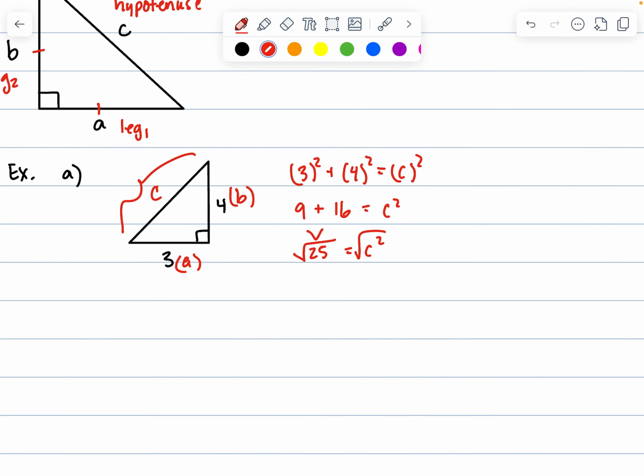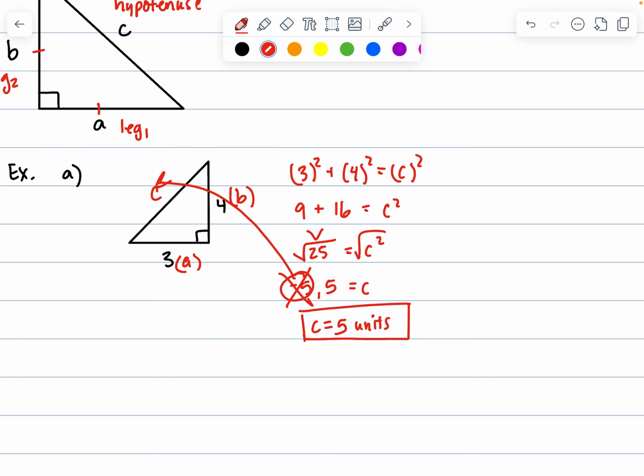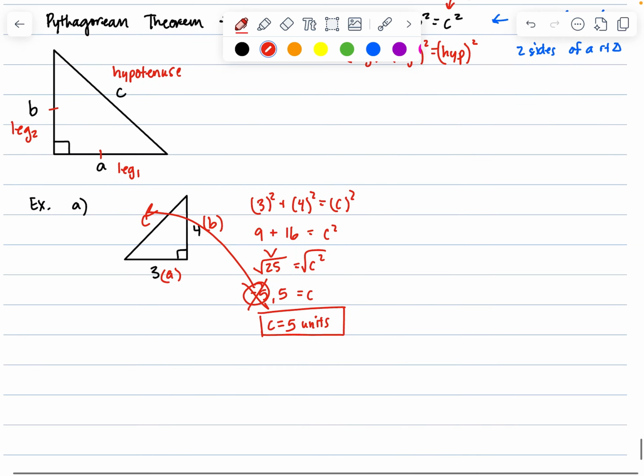But since we are working with something that has length, we would have a -5 and a +5 is equal to c. But can you ever have negative lengths? Absolutely not. So we say c is only equal to 5, or 5 units. Depending on what the units are, if there's no units actually measured, then we say units.